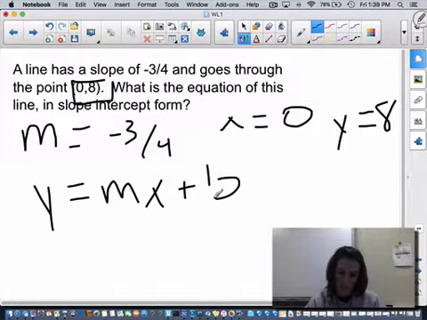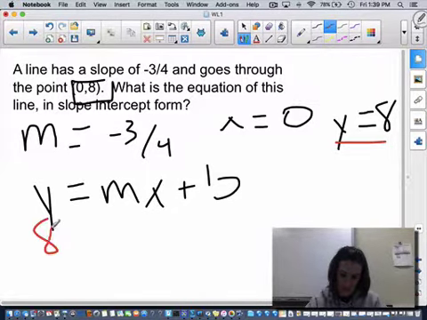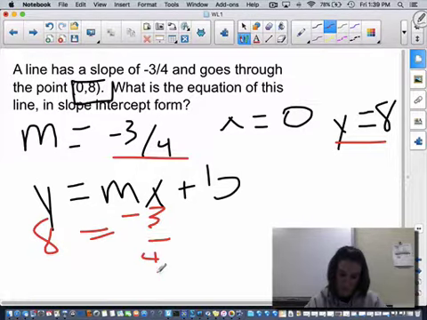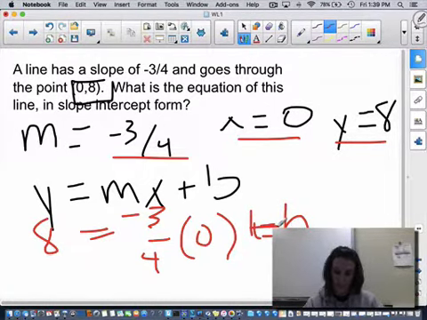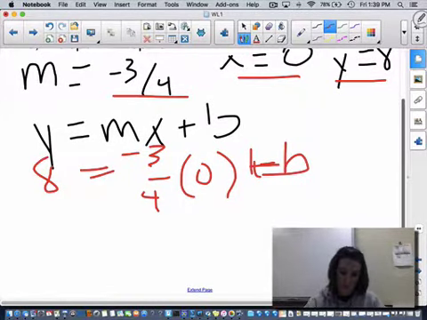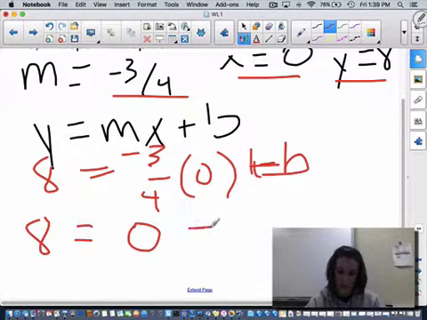Okay, so I'm just going to fill in what we know. We know y is 8, m is -3/4, x is 0, and I'm looking for b, so plus b. And I simplify. So 8 equals -3/4 times 0 is 0, plus b.